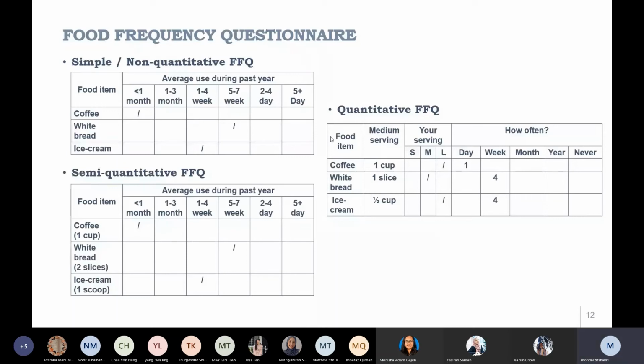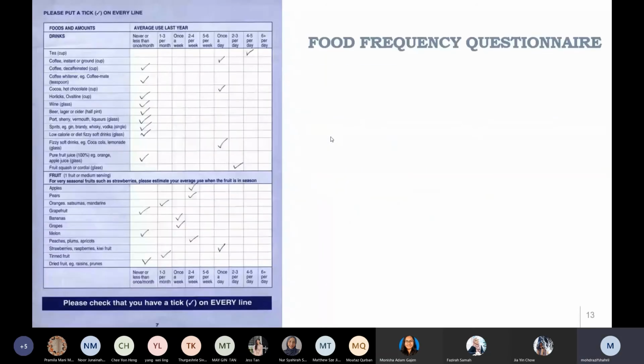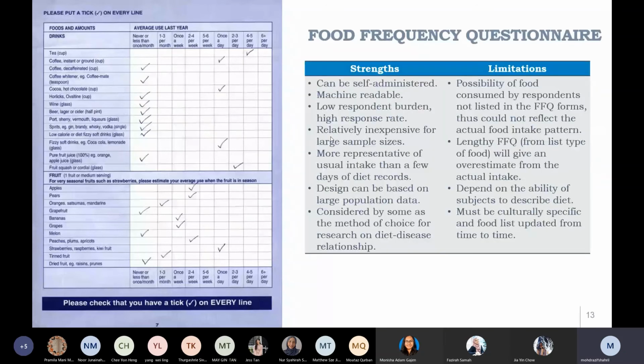Yeah. So these are the strengths and limitations of FFQ. The strength is it is very easy. It can be self-administered by the respondents. Sometimes an FFQ is machine readable, especially when we use responses using OMR forms like we use in our examination.